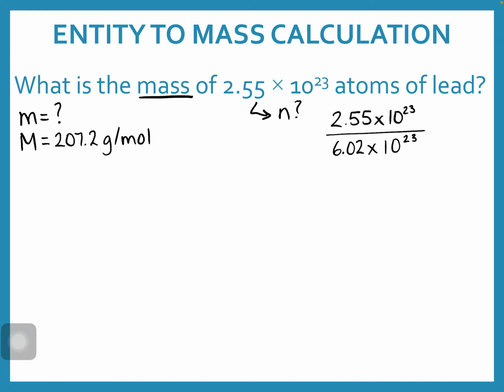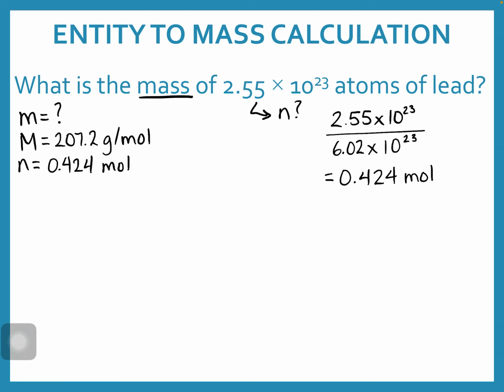When I do that division, I get 0.424 moles. So my n, or my number of moles, is 0.424 moles.